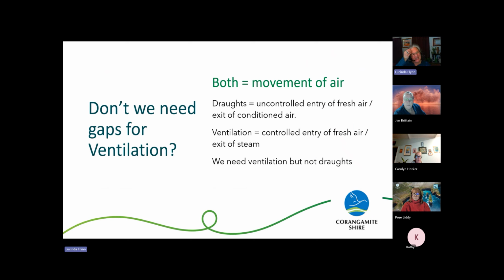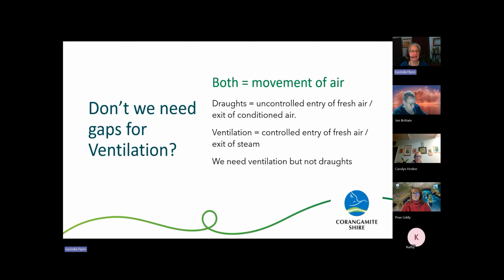So this is sort of related because it's about air quality, but it's really common for people to say, if we seal up all these things, what's going to happen? Aren't we going to end up with moisture everywhere? And you may, if you don't equally think about the need for ventilation, because we really do need both.